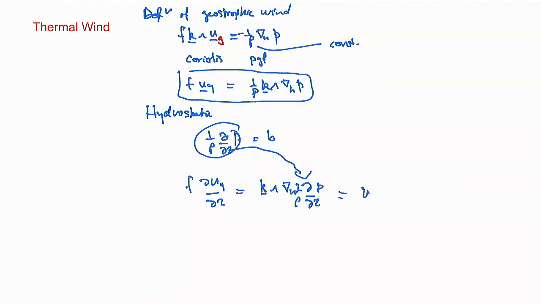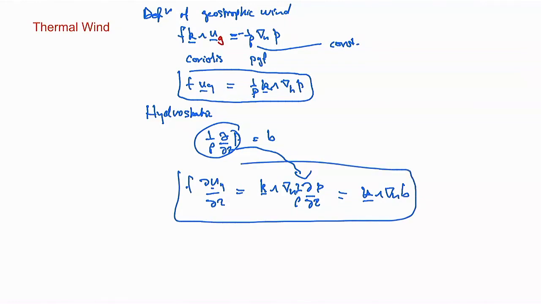It's B. That's a vector. So it's a consequence of two things: Rossby number being small, giving us geostrophic balance, and hydrostatic balance. That's the end of the story.